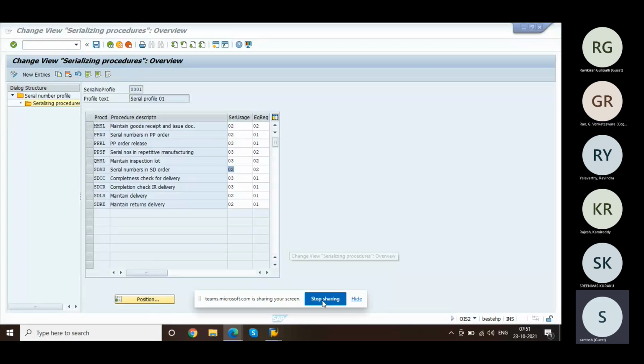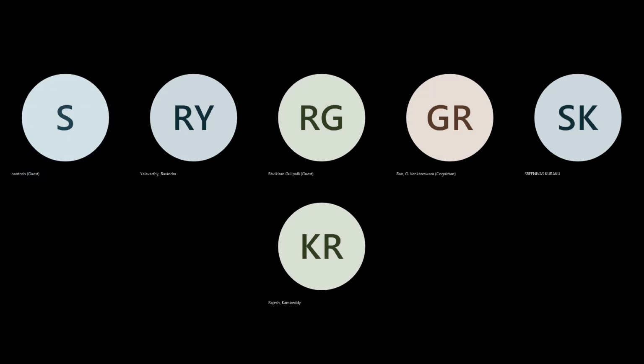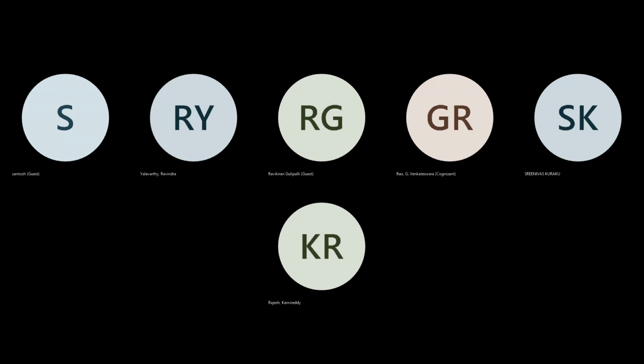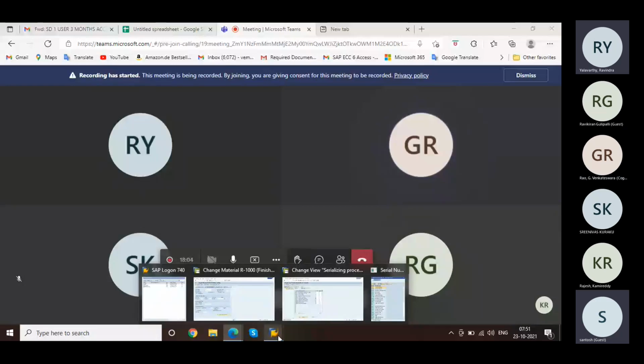Yeah, Santosh. Now I'll just save this. I will go into one material, R100. Maybe R100 will take, or yeah, we'll take this one. Screen sharing is gone. Okay, now it's okay.